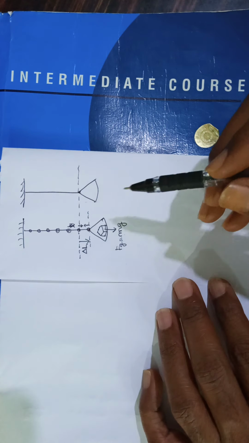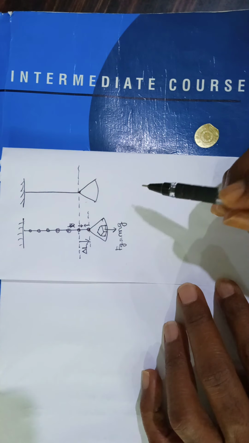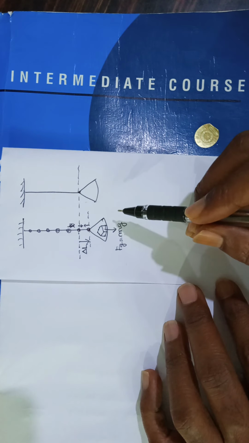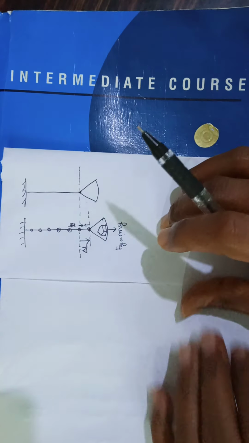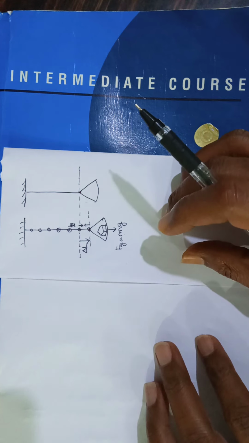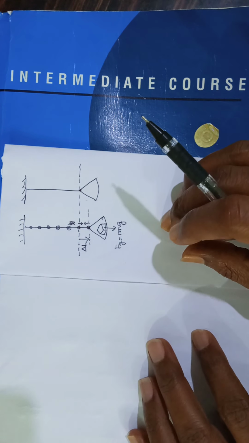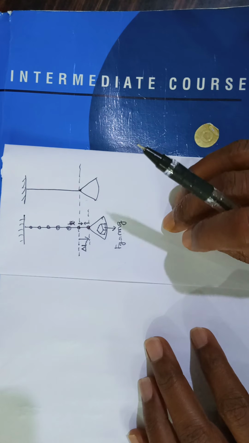Therefore, some work is done by the gravitational force, and that work is stored as elastic potential energy. Now we have to derive an expression for the elastic potential energy.